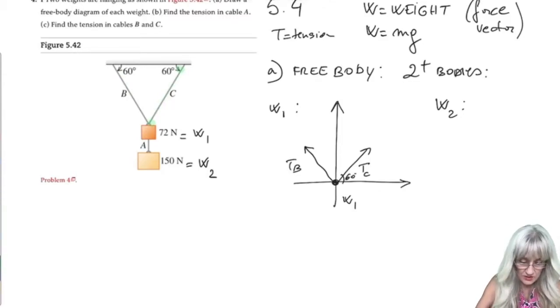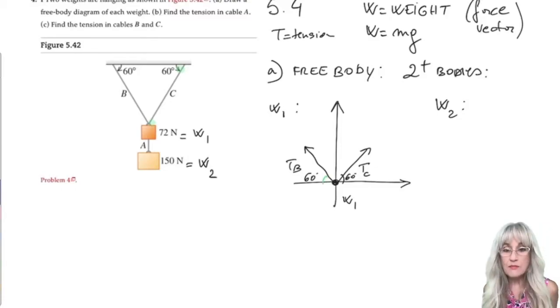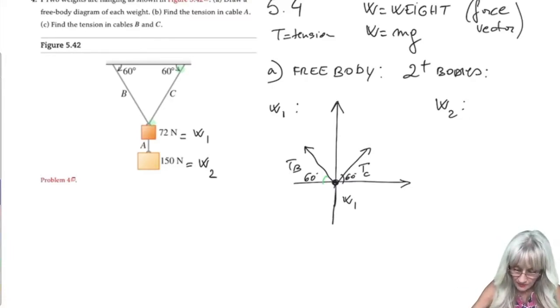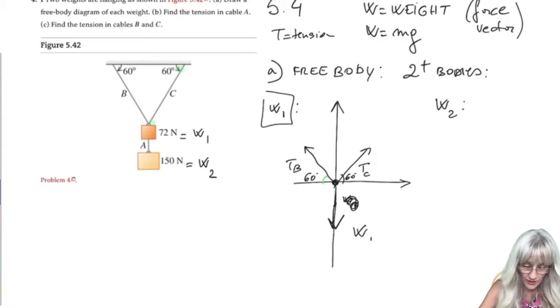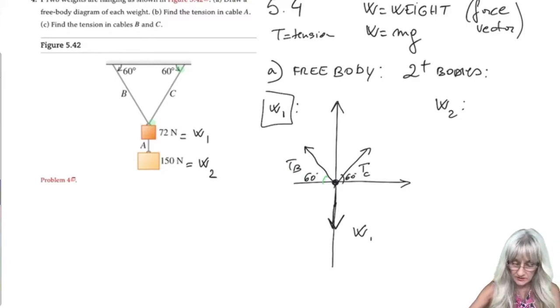T of B is also, as you can see, at a 60-degree angle. So this free body diagram has a tension in cable C, in cable B, and absolutely pointing down on the y-axis the weight for body 1. So this is the free body diagram for weight 1. Great. Now let's move on to the second weight.